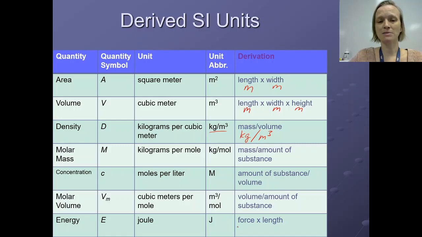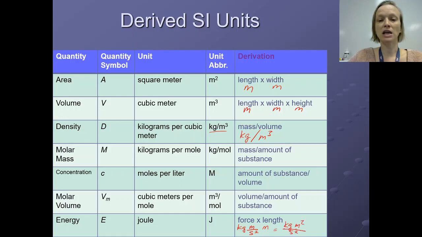Force is mass times acceleration, so that's kilograms times acceleration, which is meters per second squared, and then length is also meters. So when you put that all together, the units for joules are actually kilograms meters squared per second squared.